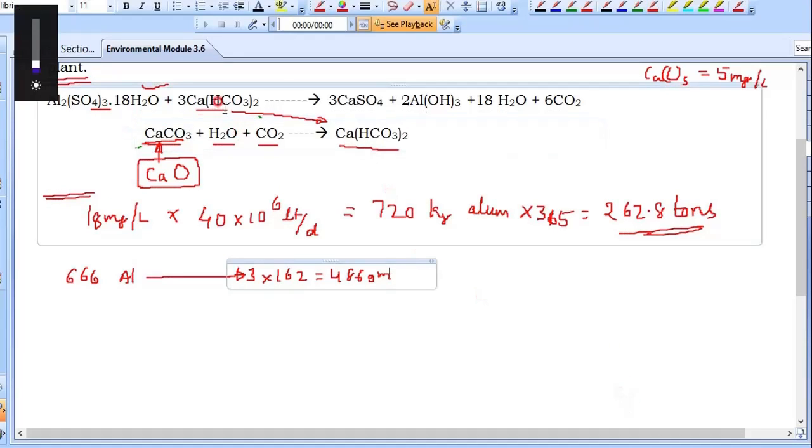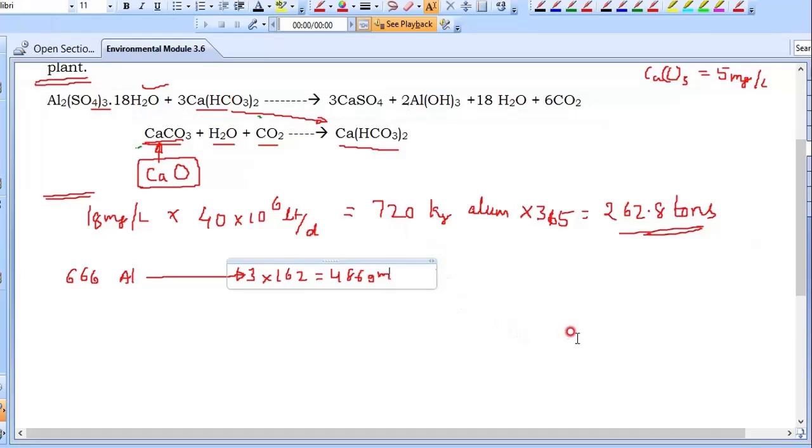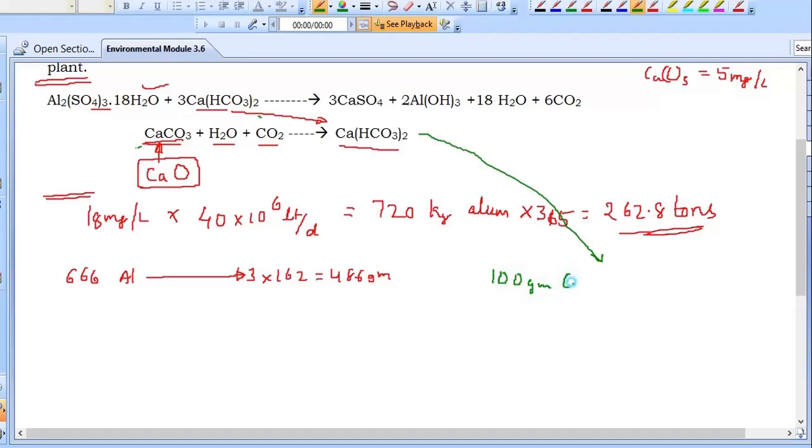direct calcium bicarbonate. Therefore first we will calculate how to produce calcium bicarbonate. From this reaction I will get CaCO3 is 100, and 100 gram of CaCO3 produces 162 gram of calcium bicarbonate.